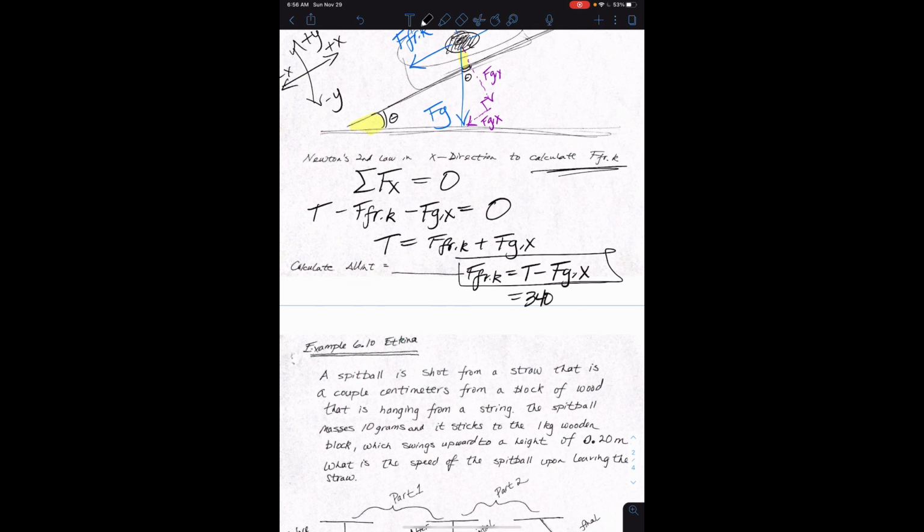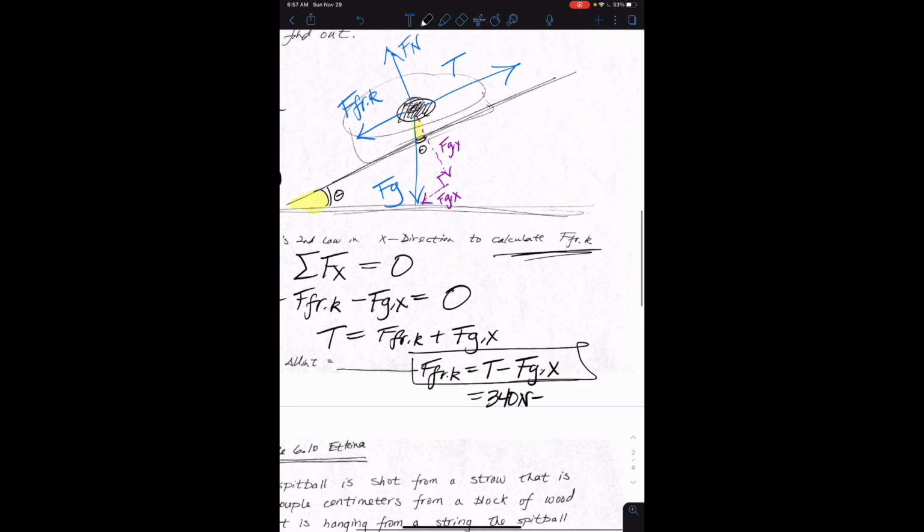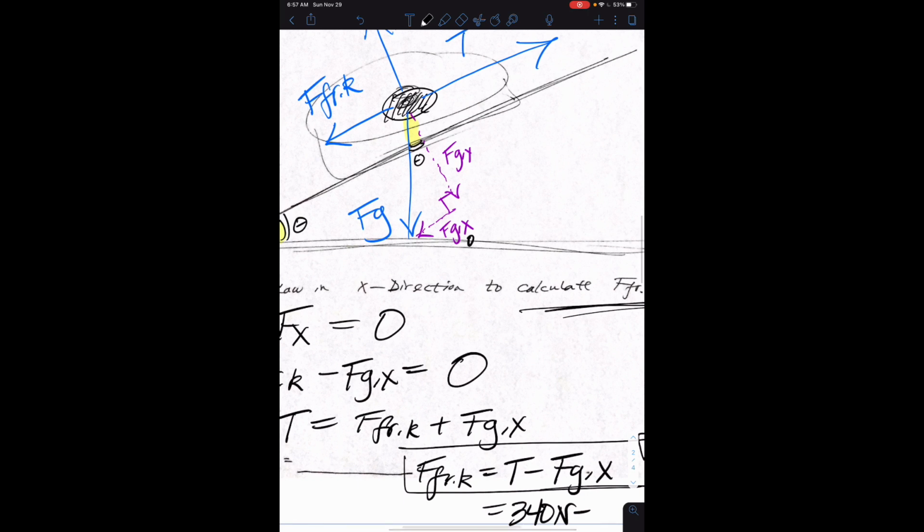All right, so let's go ahead and plug in some numbers here. So we have 340 newtons for tension minus Fg of x. What is Fg of x? Well, Fg of x is an opposite. Fg is a hypotenuse. Right, here's your 90-degree angle. All right, so sine theta equals opposite over hypotenuse.